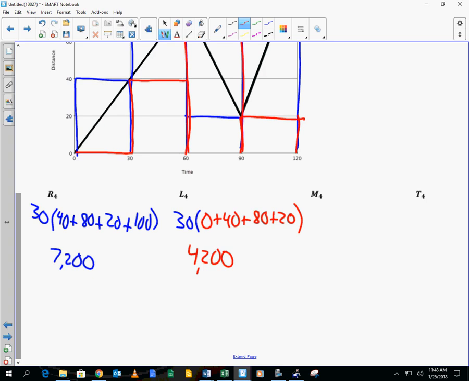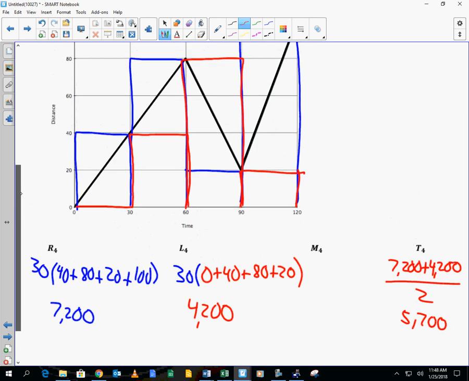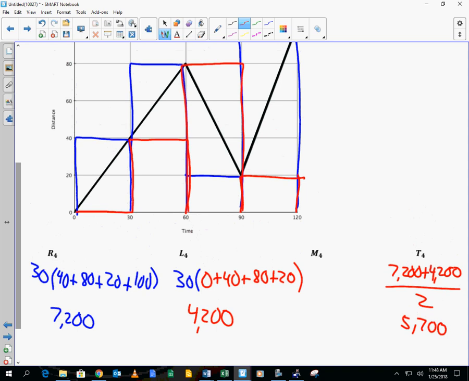How would we do trapezoidal? So 7,200 plus 4,200 divided by 2, 5,700. How accurate do you think the trapezoidal sum is?